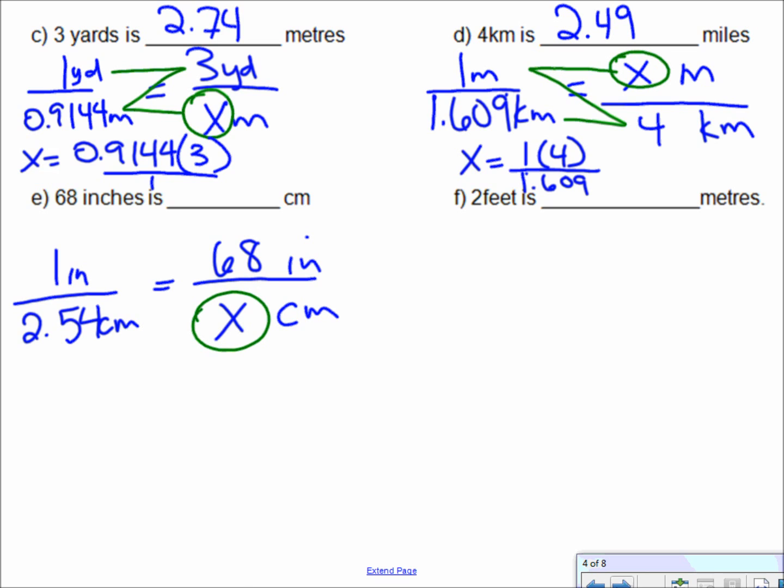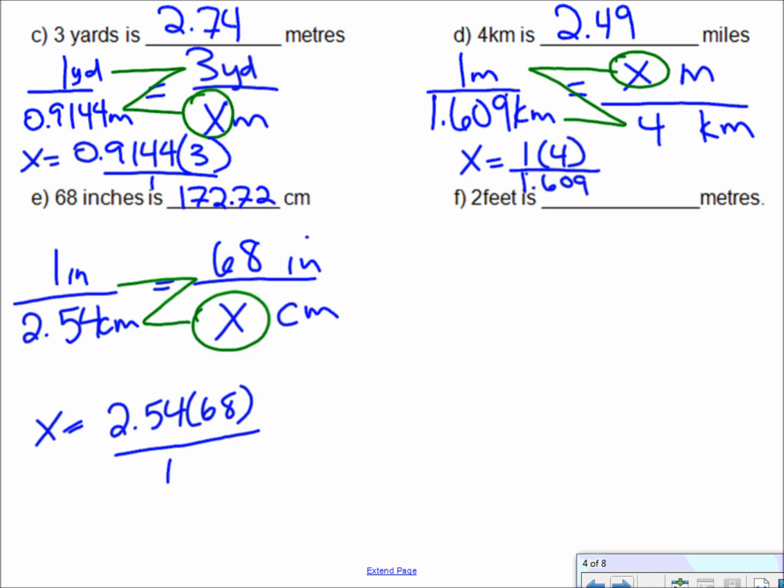Again, I circle my X, draw my Z. For Zorro, X equals first 2 numbers that hit, so 2.54 times 68 divided by the third. So I got 172.72. So X equals 172.72.